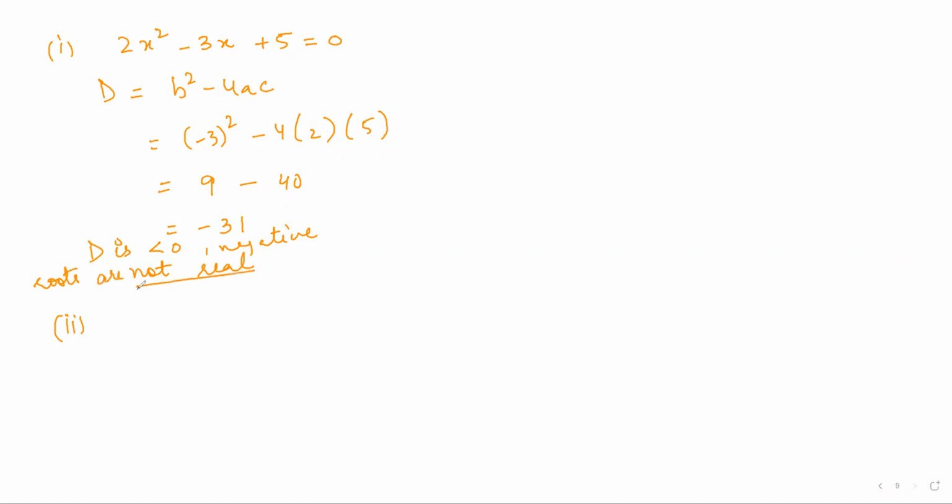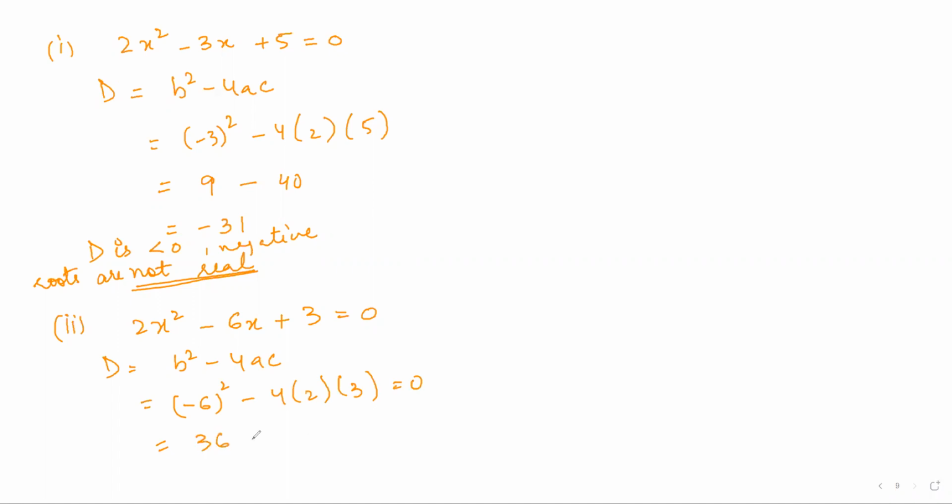Second equation, 2x square minus 6x plus 3 is equal to 0. Find out d. D is b square minus 4ac. That is minus 6 whole square minus 4 into 2 into 3, right? So that is 36 minus 4 into 2, 8, into 3 is 24.